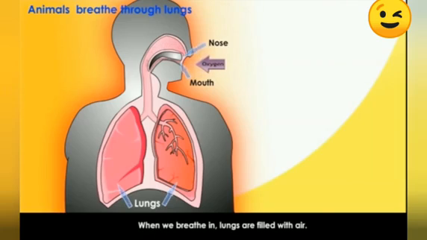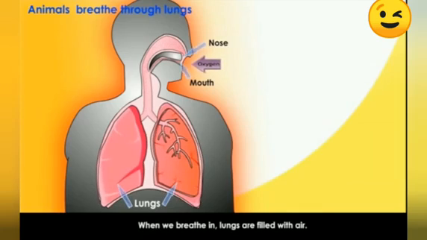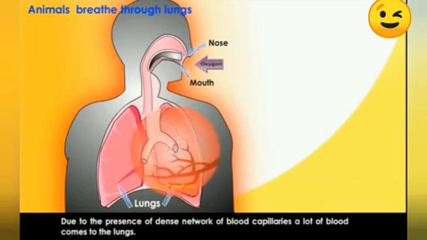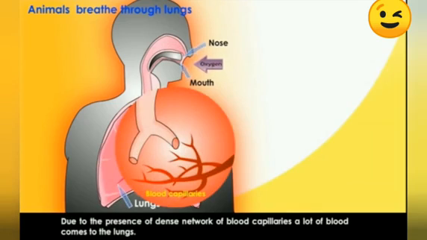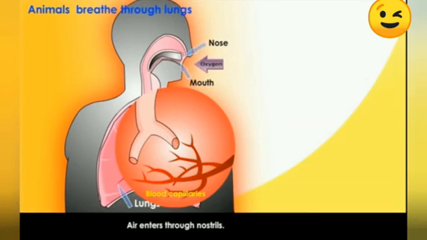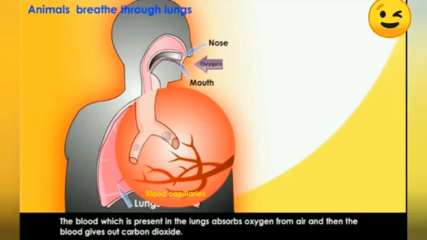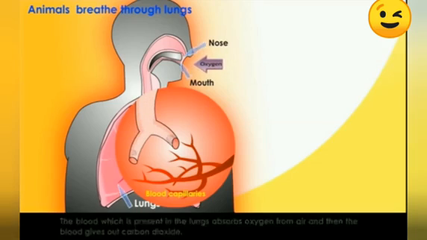When we breathe in, lungs are filled with air. Due to the presence of a dense network of blood capillaries, a lot of blood comes to the lungs. Air enters through the nostrils. The blood present in the lungs absorbs oxygen from the air and gives out carbon dioxide.